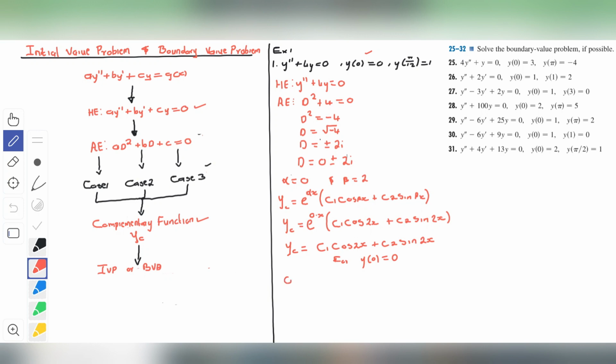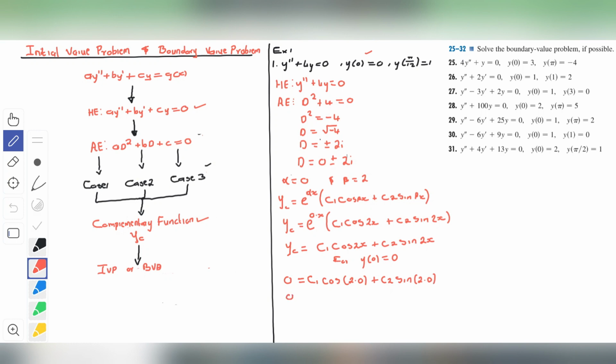So we're going to have 0 equals C1 cosine of 2 multiplied by 0, plus C2 sine of 2 multiplied by 0, right?